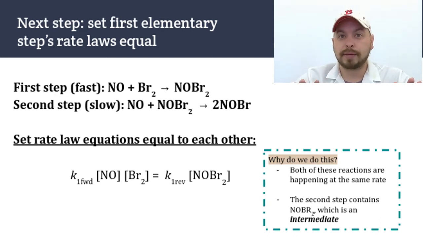Okay, it's not the same k value, it's a different k value. So I'm going to do a subscript k1 reverse times the concentration of NOBr2. Why are we doing this? Well, both of these reactions are happening.